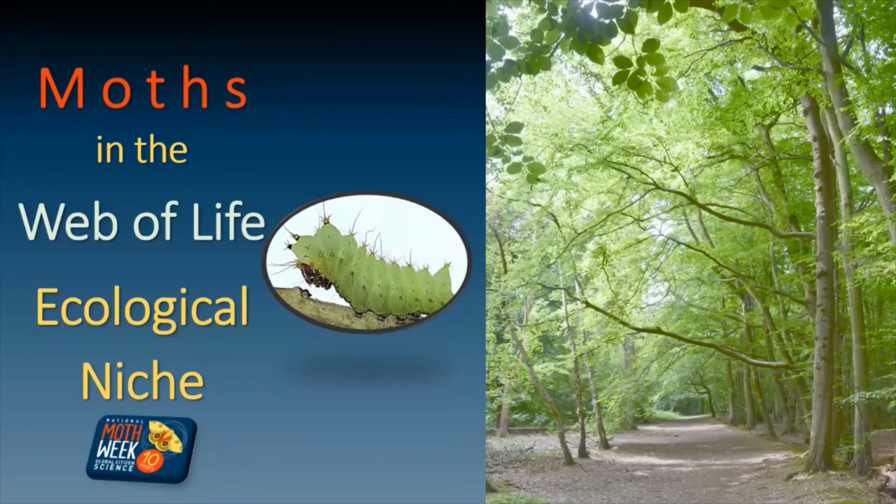That's just one tree. If you take all the forest habitats around the world, there are many thousands of tree species. So that is just with trees, many thousands of niches available.